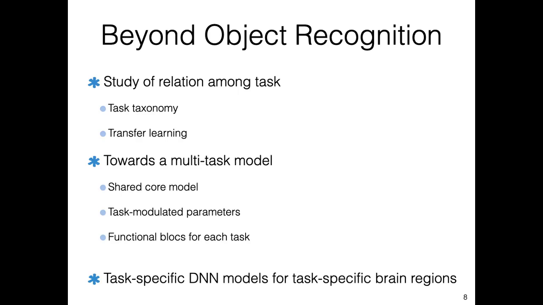For this, we can build a task taxonomy and apply it in transfer learning, but not only that: we can also use this study of relations to build a multitask model, a shared core model which can have task-modulated parameters or even functional blocks for each task, inspired by how the brain has different regions of interest to perform different tasks, but overall is only one huge network.